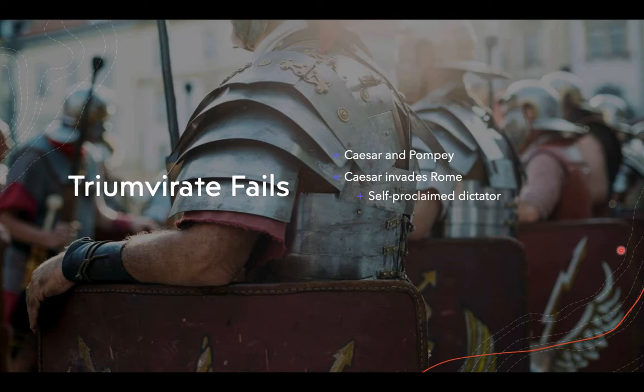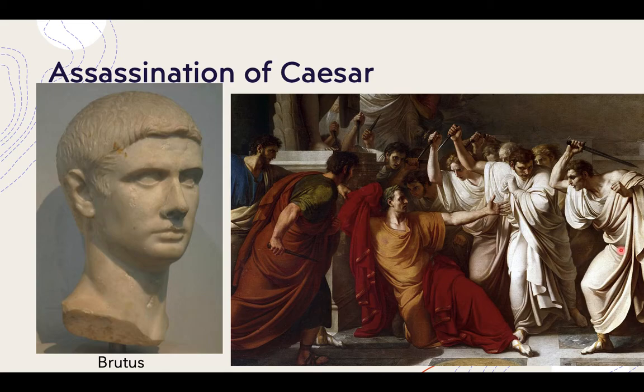So he strips the power from all these senators, and that's going to make them very unhappy. One thing that history shows us is that very powerful people do not like to have their power taken from them, and so they plot against the emperor, Julius Caesar, and assassinate him.